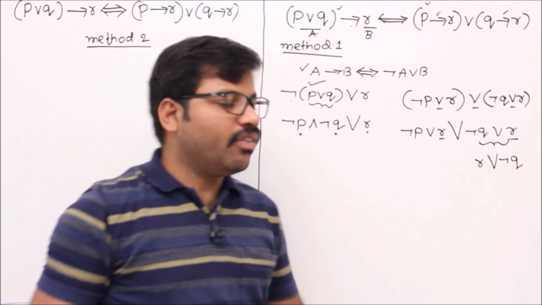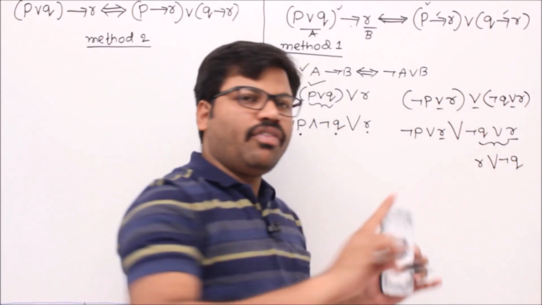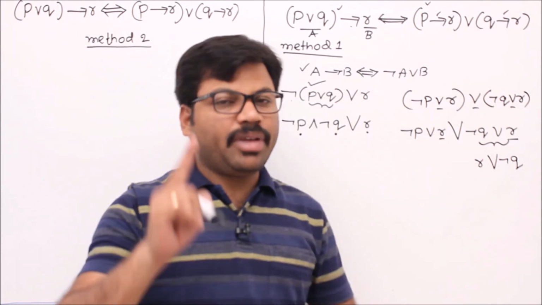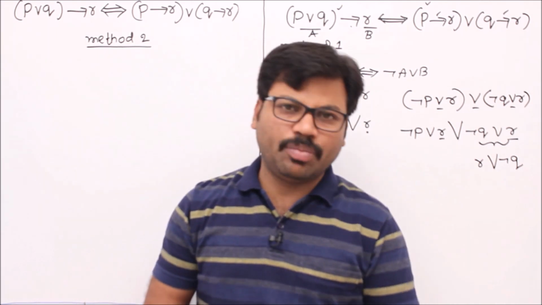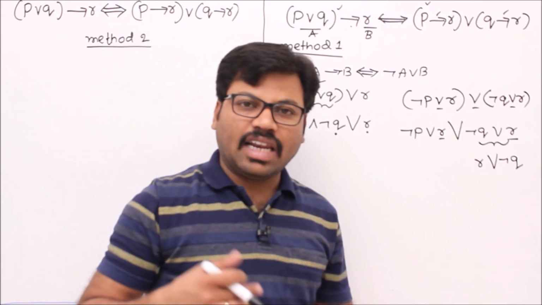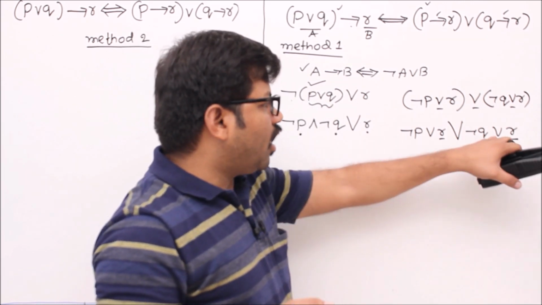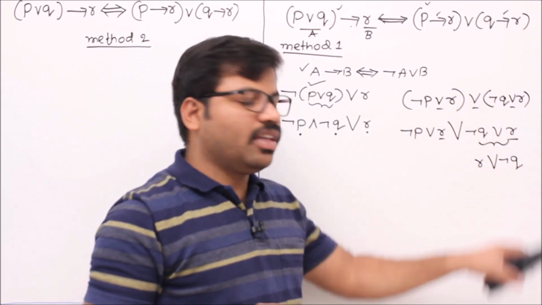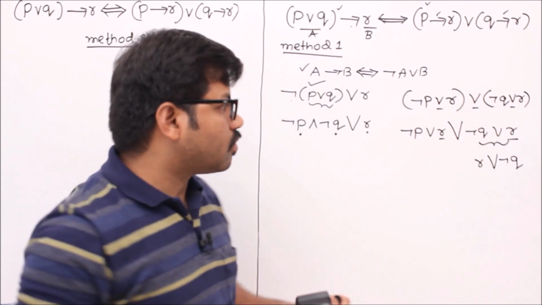Please remember, whenever you replace a formula with another formula, they should be equivalent, meaning their behavior should be the same. Otherwise, please don't replace. So before replacing, always ensure that the formula being replaced is equivalent to the new one.